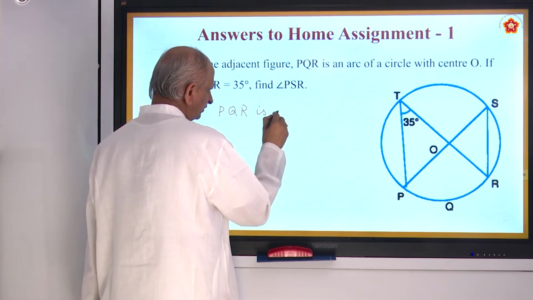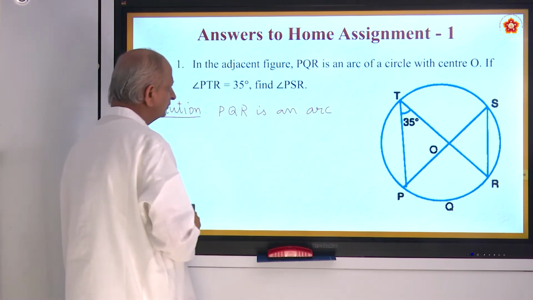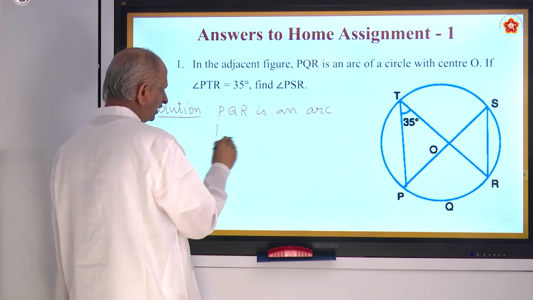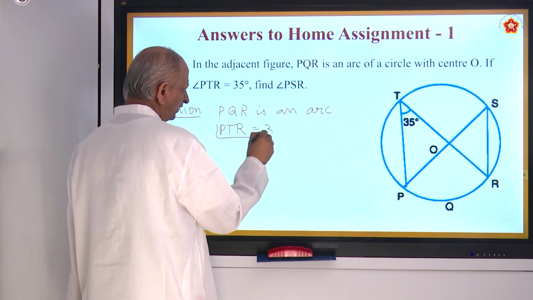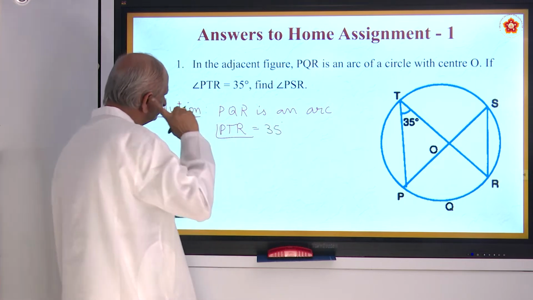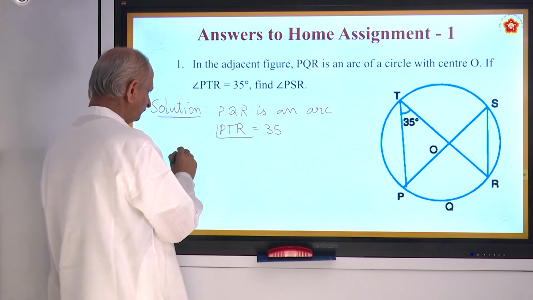PQR is an arc of a circle with center O, and also you are given PTR is equal to 35 degrees. Now they are asking what is PSR.